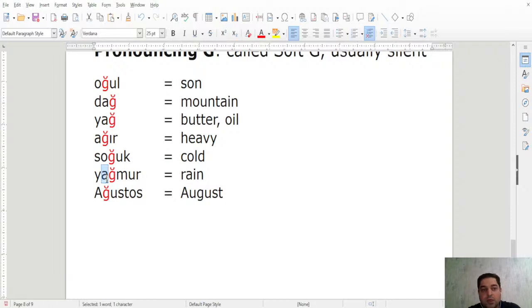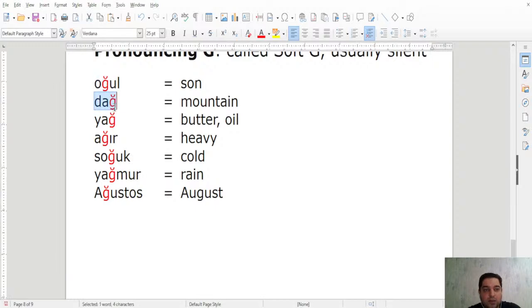And then we have Ağustos. Not Augustos, nothing like that. It's just Ağustos. It is silent. There is no prolongation here. Ağustos, which is August as a month.